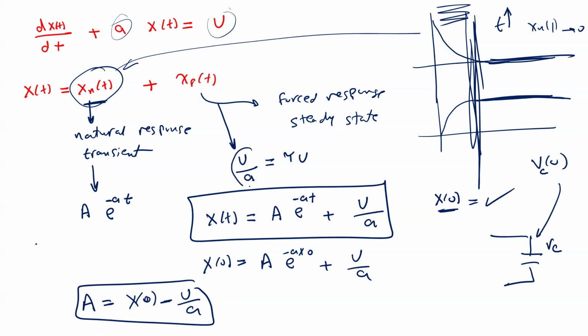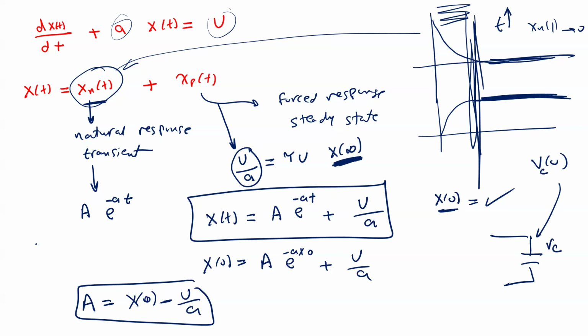There is one more thing I want to say. This U divided by a, sometimes we call it x of infinity, because it's the steady state. What is the value of x at infinity? If t is infinity, this part becomes 0, so this part is equal to x of infinity.